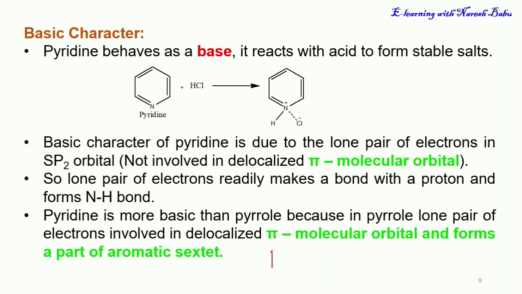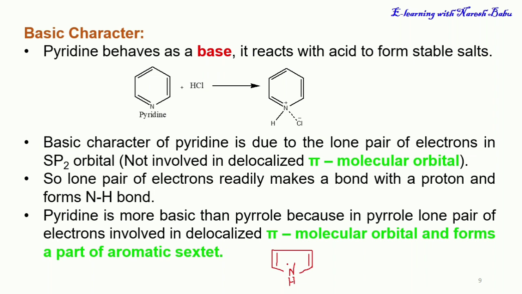Pyrrole is a 5-membered ring system, and this is the structure of pyrrole. Pyridine is more basic when compared with pyrrole. Why?